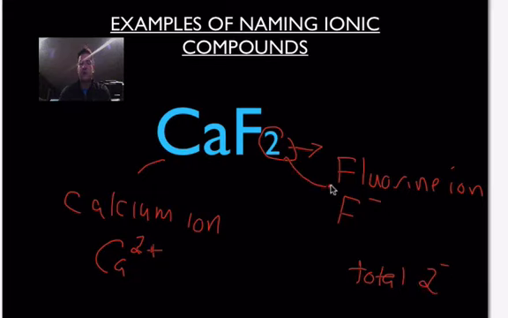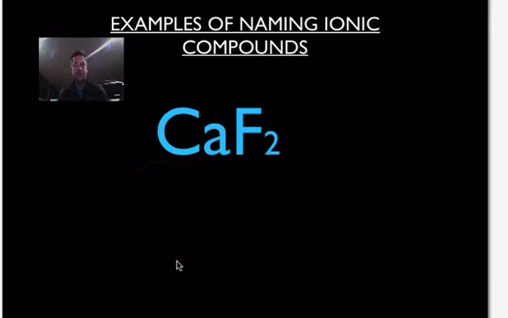If we were to multiply that, it's the same as 1 negative. So now it's even with our 2+ calcium charge, so we can tell this is a valid formula as well. So for every 1 calcium we have 2 fluorines, but their ionic charge is going to be equivalent. So that's very important when we're doing this.